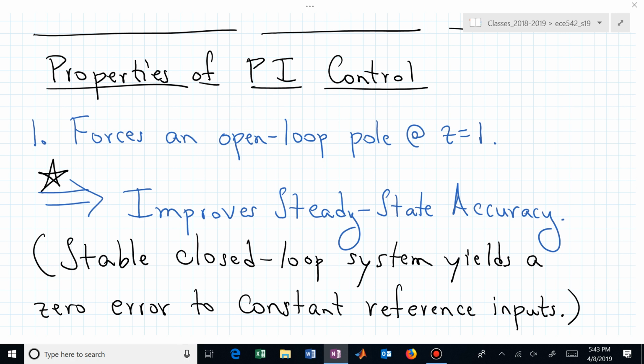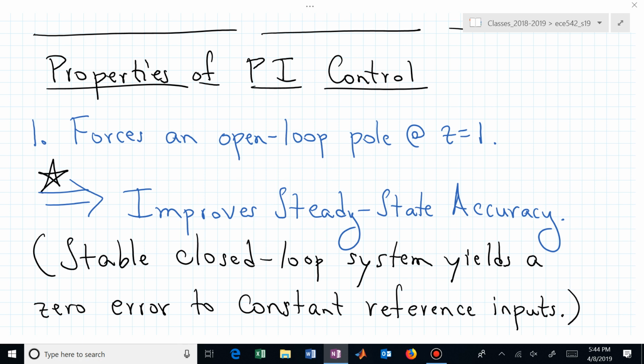If we can stabilize the closed loop system by the choice of our zero and pole, then if somebody injects a constant reference signal into that system, you will track that reference signal after the transients have disappeared with zero error. You'll have no error between what you inject, if it's a constant, and what you see at the output of your system, because of that open loop pole being at z equal to 1.